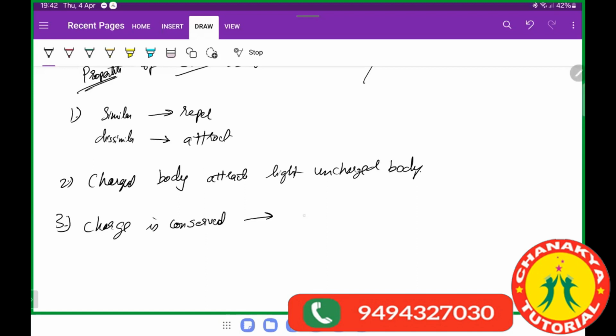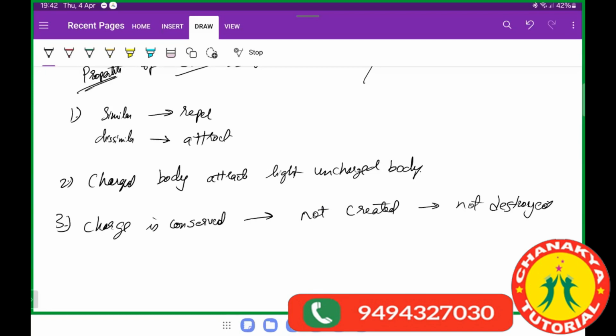So charge cannot be created nor destroyed. The overall total charge in the universe is constant.